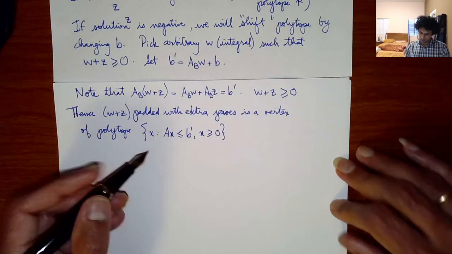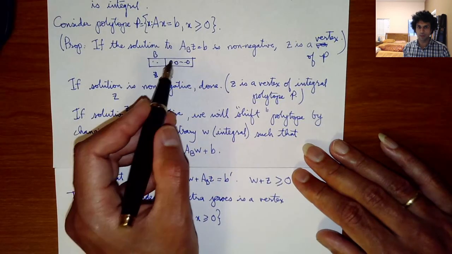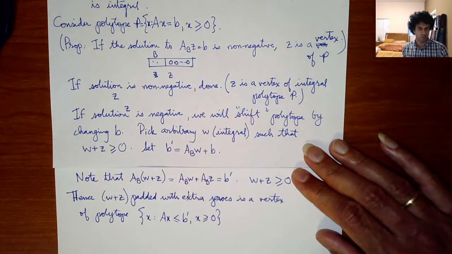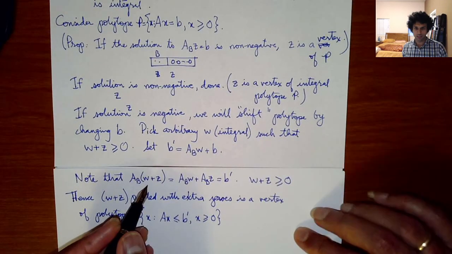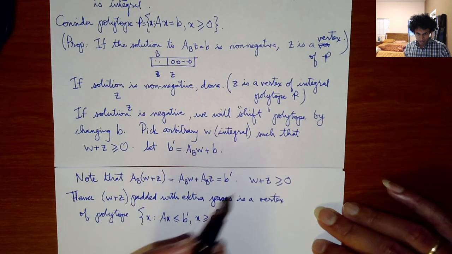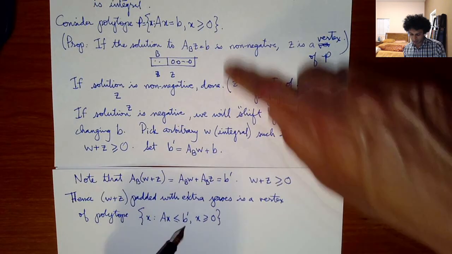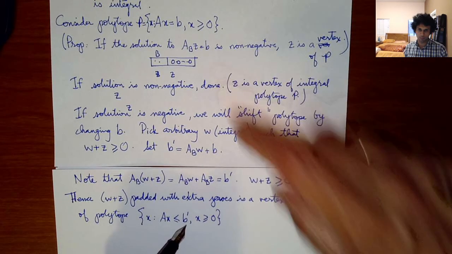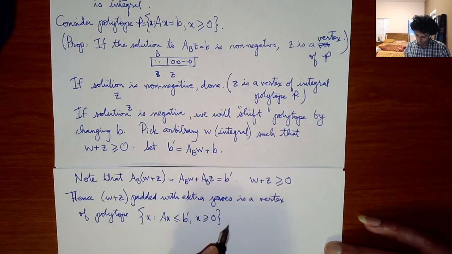Because this was the proposition that we had: if you choose any basis and the solution is non-negative, then that solution is a vertex. And what we've argued is that w + z is non-negative and satisfies this equation with b'. So we basically shifted from b to b'. We've just shifted the constants. And so w + z is a vertex of the polytope.